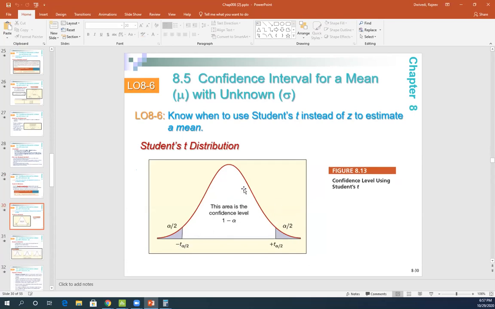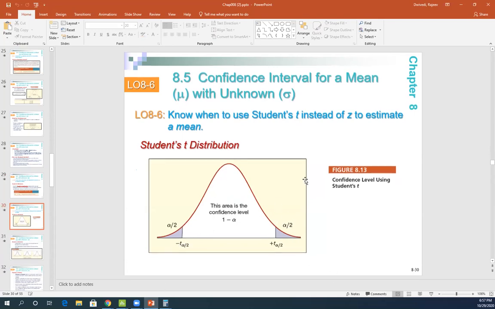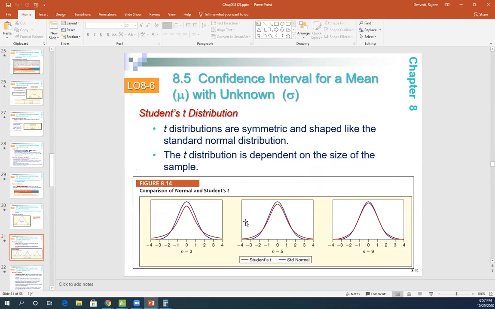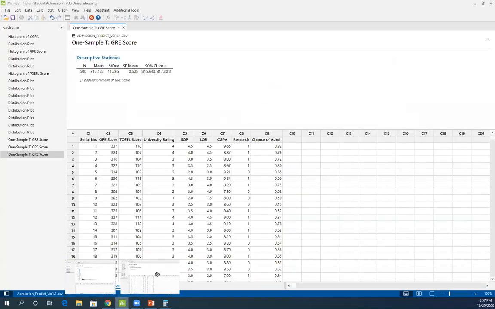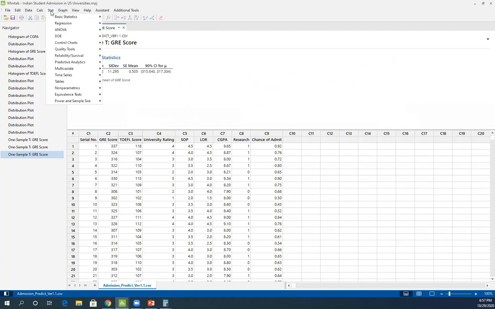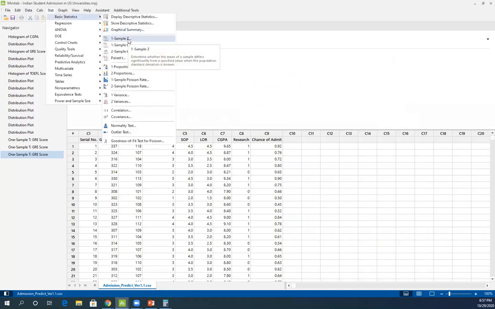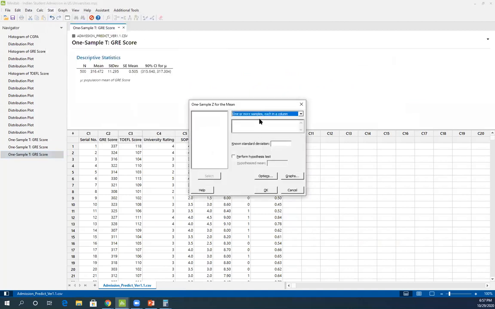So here T and T, and you can do this exactly the same. Only the option is here. If you look into my Minitab, under Stat, Basic Statistics, you have one sample Z test, one sample t test. Look into one sample Z test. Here it is asking for known standard deviation. I don't know the population standard deviation, so I can't take the Z test.